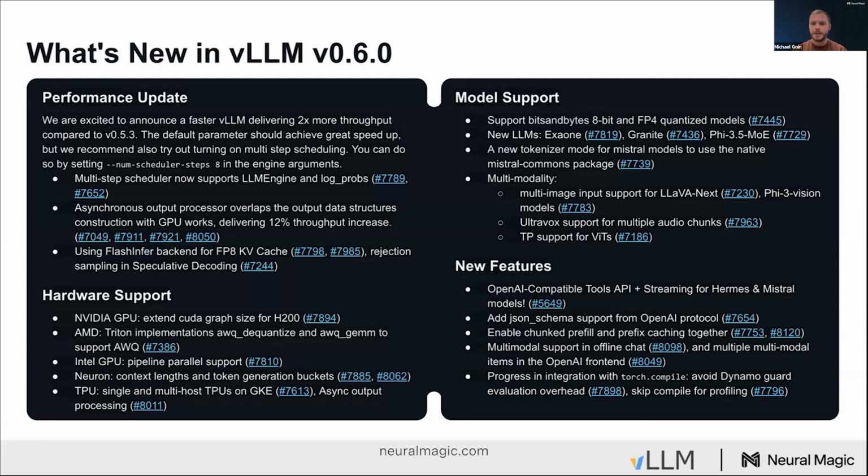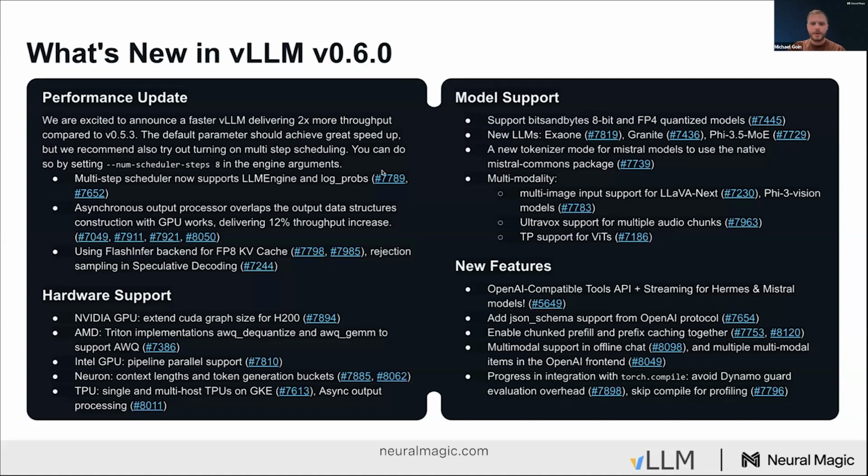We did some tuning for H200 NVIDIA GPUs. Intel GPUs get additional support, including pipeline parallelism, so you can deploy across nodes. AWS Neuron, so Inferentia specifically, has been getting a good bit of work as well. And a lot of work on TPU, continuing to make that a good hardware choice.